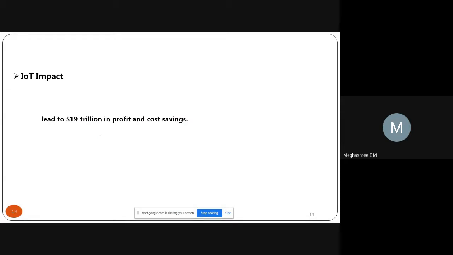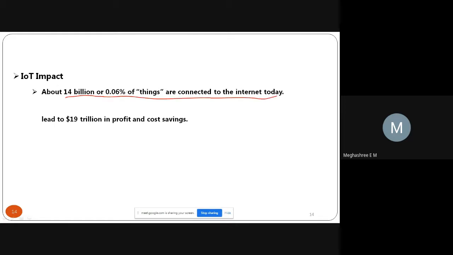And next, the next topic is IoT impact. Right? What is the impact of this IoT on our day-to-day life? So the first thing is, you can see there are about 14 billion, or 0.06 percent, of things connected to the internet as of now.